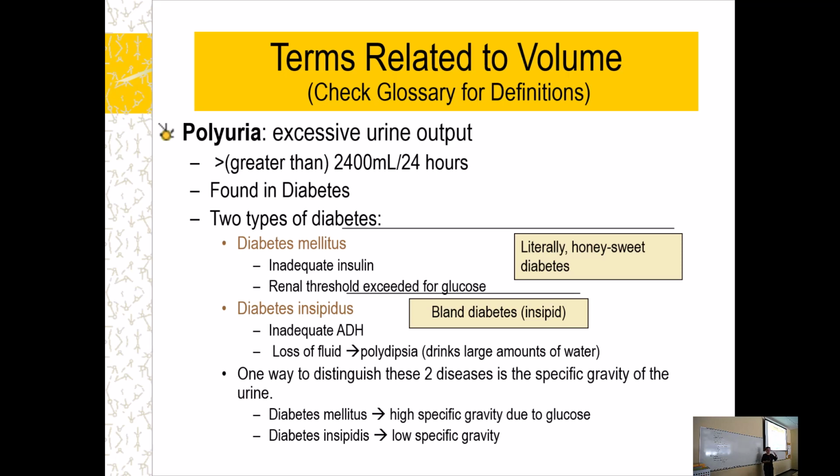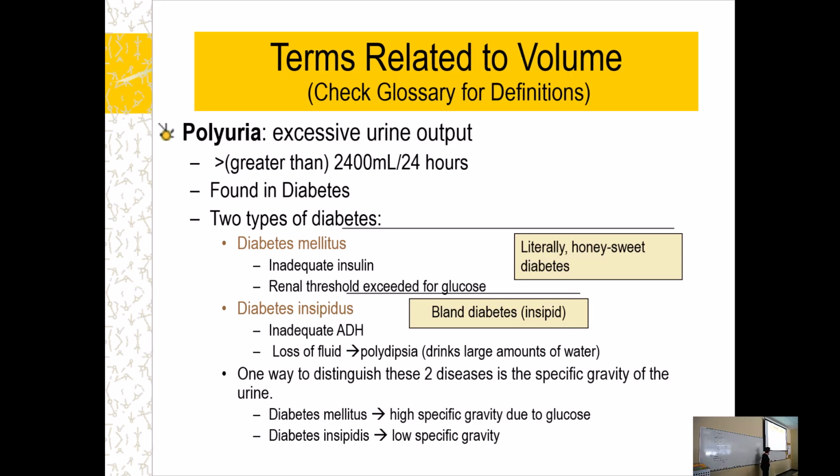The loss of fluid causes polydipsia, where you drink lots of water. You're drinking a lot, trying to keep up, feeling dehydrated all the time because your body's not holding water. It's not retaining any water. We're constantly losing water. That's insipidus. Insipid is bland, so bland diabetes.